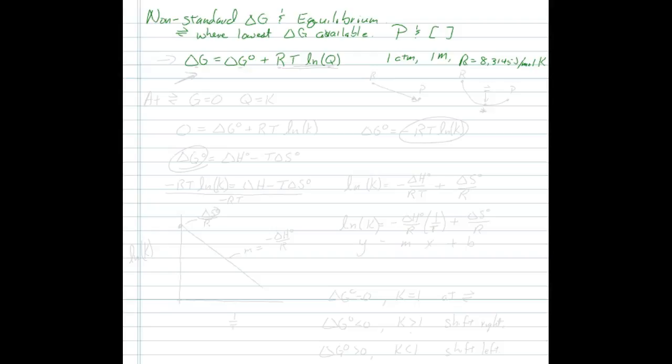So this is non-standard conditions, whatever the temperature and pressure are. These are the standard conditions, and then this is the adjustment factor for that. R is a constant, T the temperature in Kelvin, and Q is the concentration factor.